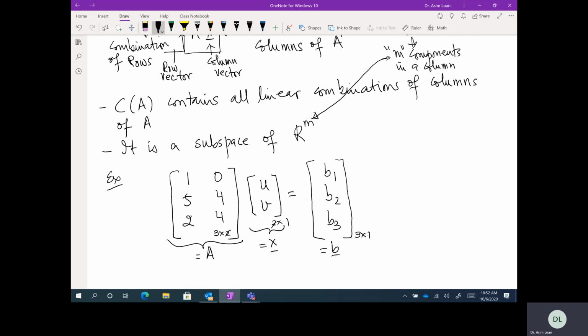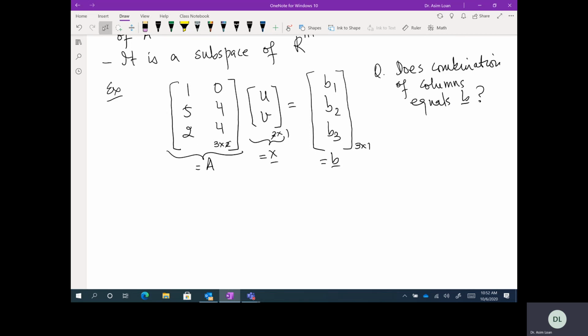Okay, so the question is, does a combination of columns equal B? We have more equations than unknowns.